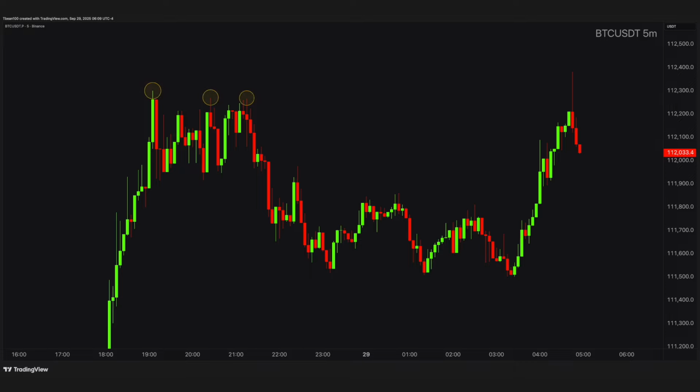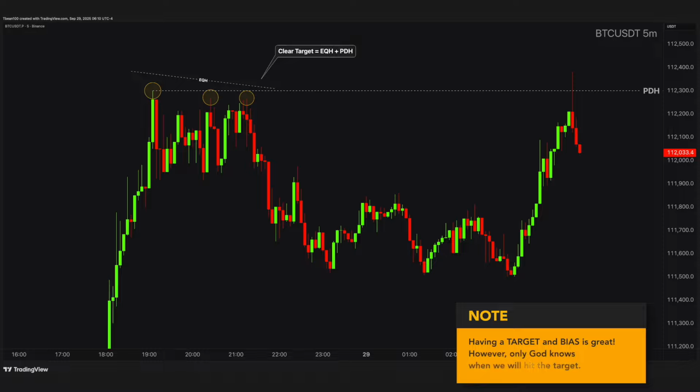The very first thing that stands out is these equal highs above us, which gives us a clear target. It also lines up perfectly with the previous day's high. So in this trade, we actually have a very obvious target sitting right above us that gives us both our target and our bias.